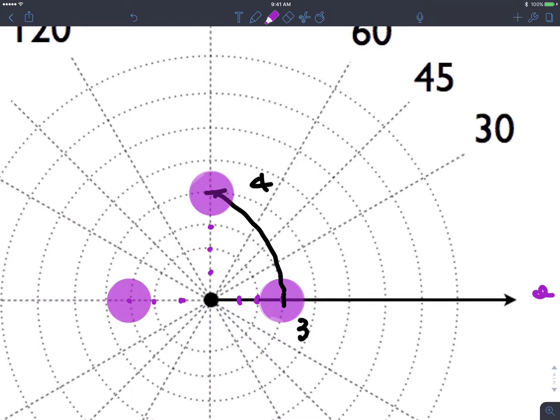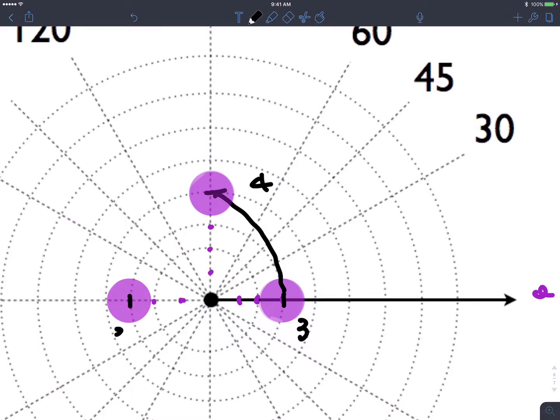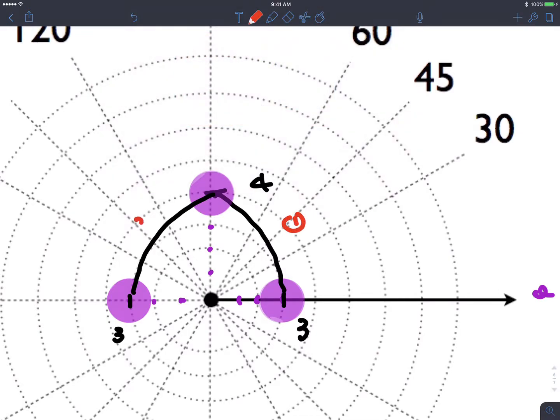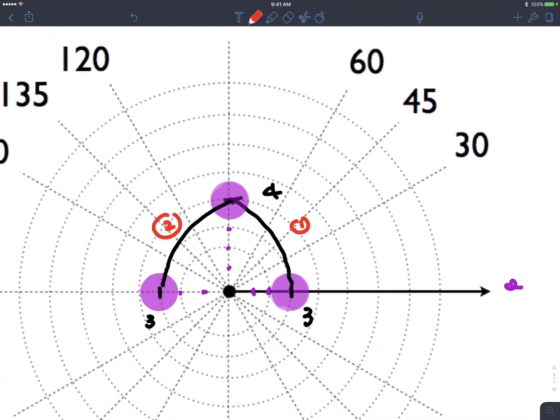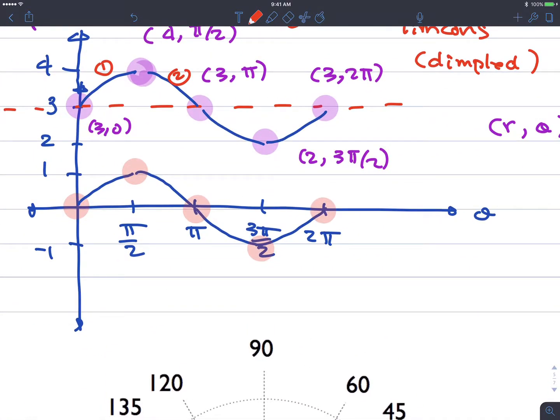There's the location, and this location is now going to be a radius value of 3. So there I am. And if I color this correctly, this was part of 1 and this is part 2. We need 3 and what? 4. So we're up to this point right here.